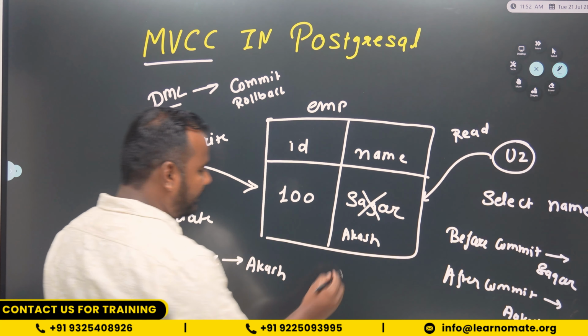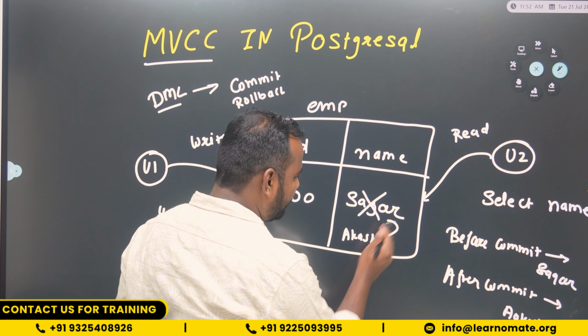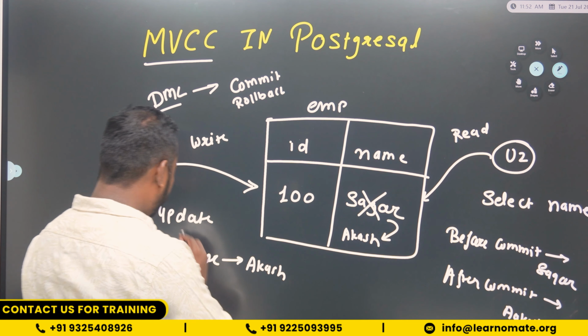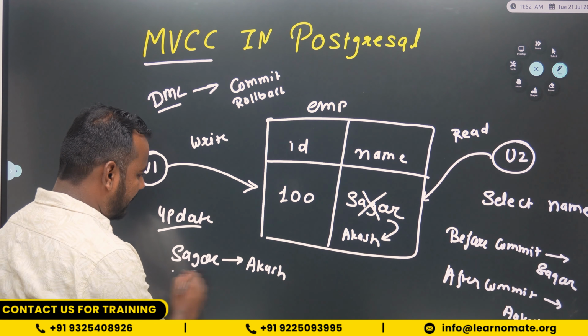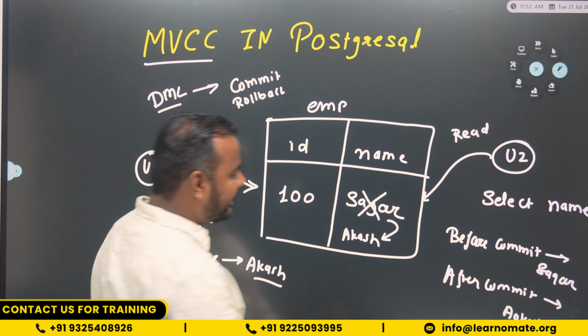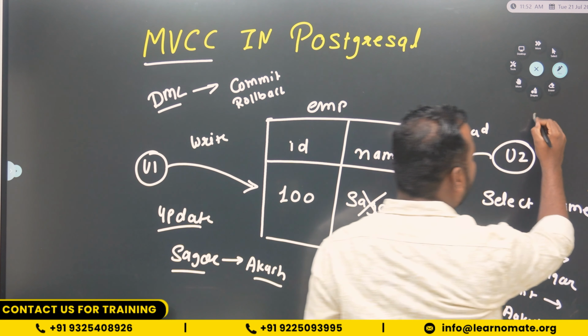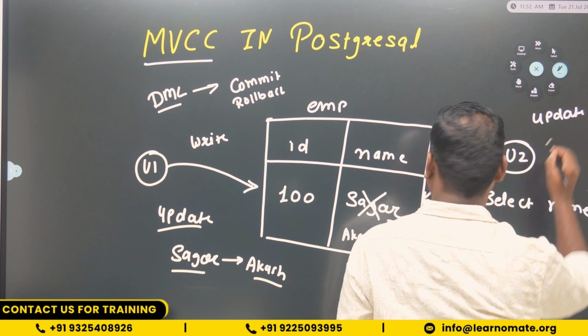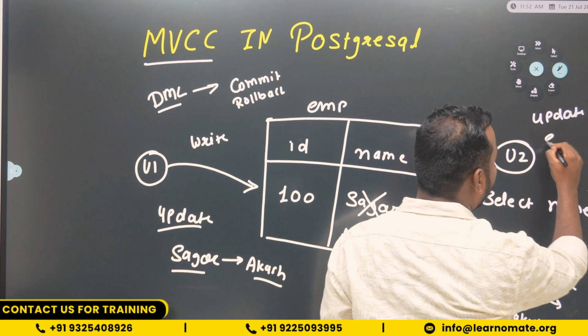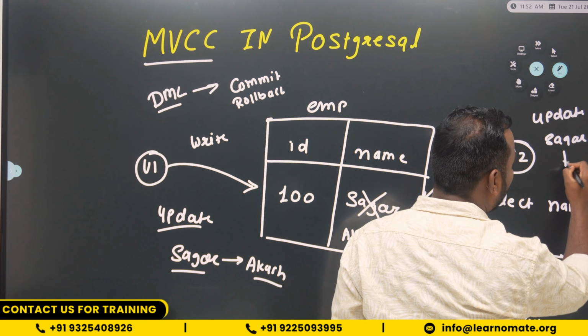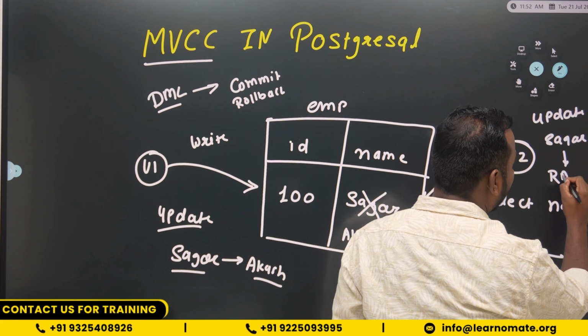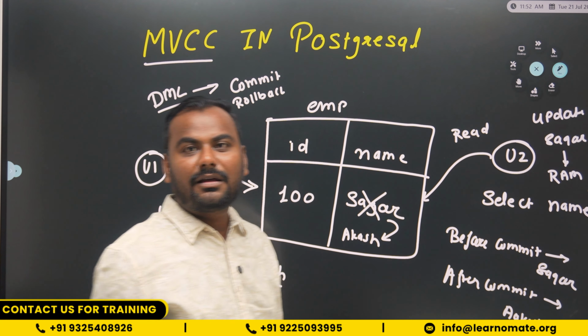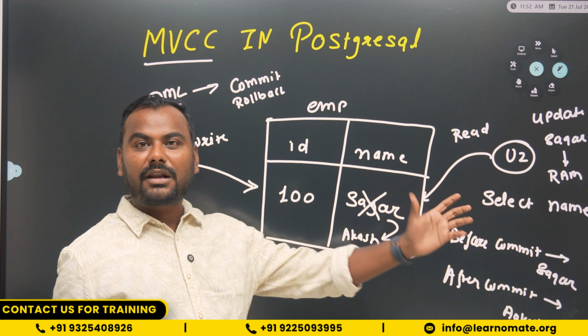Consider that user 1 is trying to update Sagar to Akash, and at the same time user 2 is also updating, updating the name Sagar to, let's say, Ram. And both the transactions are not committed.